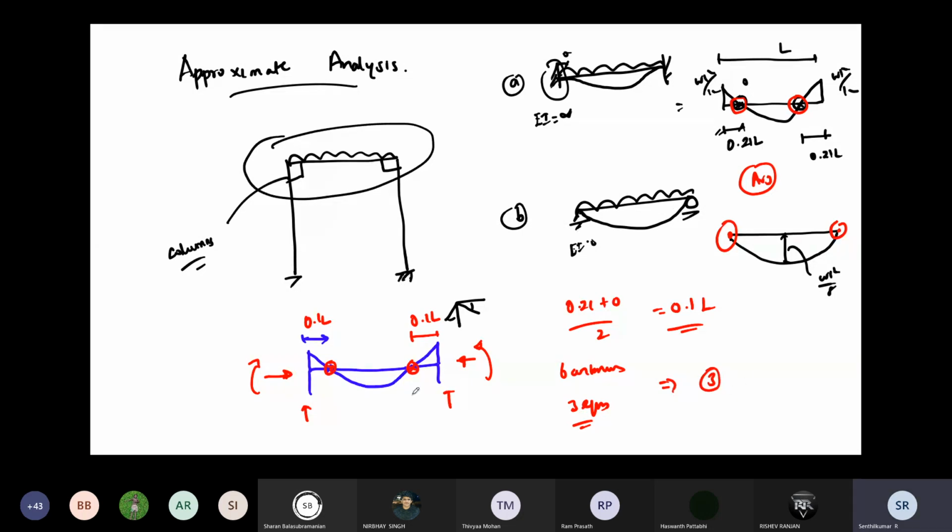But in the beam you won't have much axial force, so you can neglect it in the girder. So the only unknowns are vertical and moment, giving 4 unknowns and 2 equations. So the indeterminacy is 2, and I require 2 additional equations to make it a determinate beam.